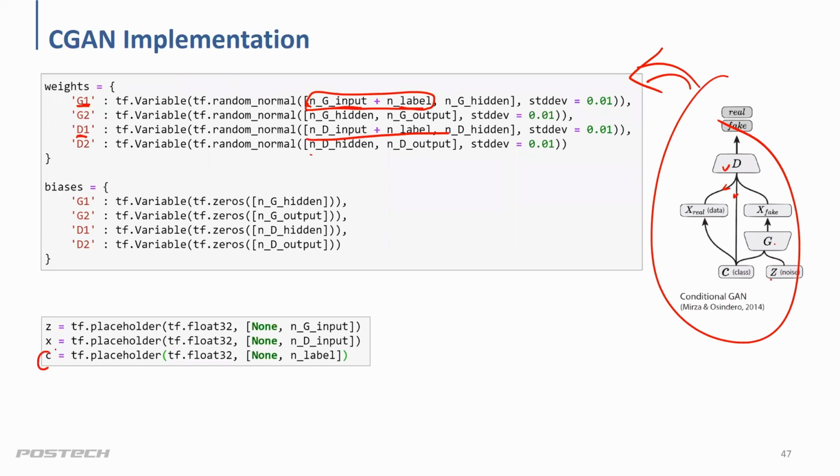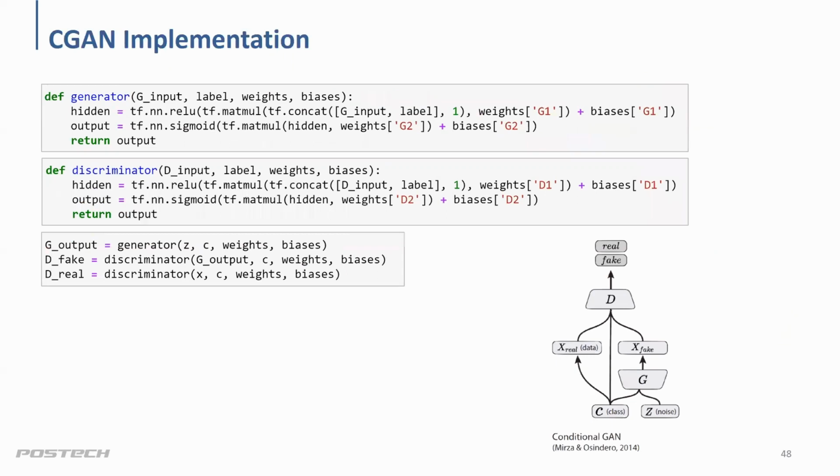Now we have another placeholder for class or label. For the generator and the discriminator, we now need to take the label as well.